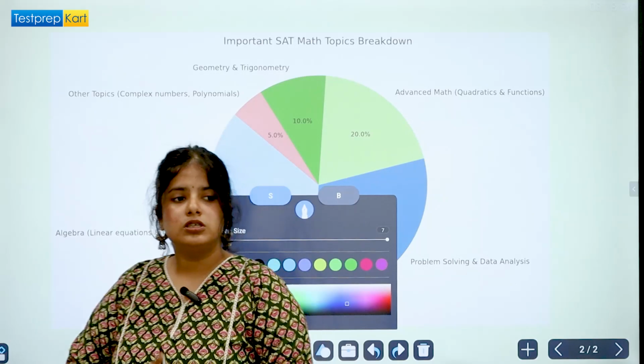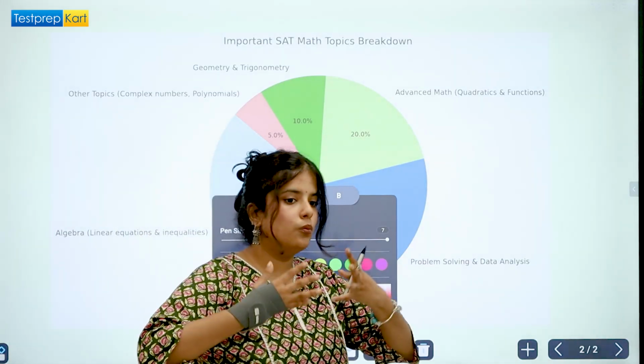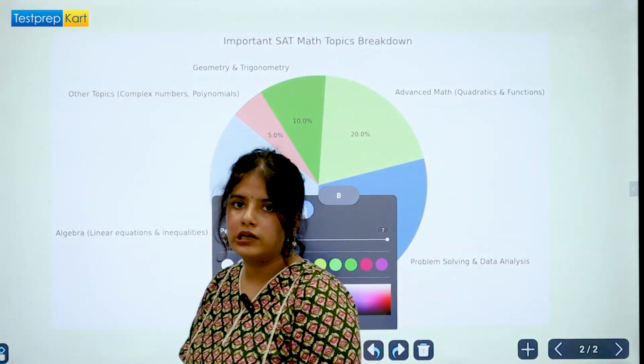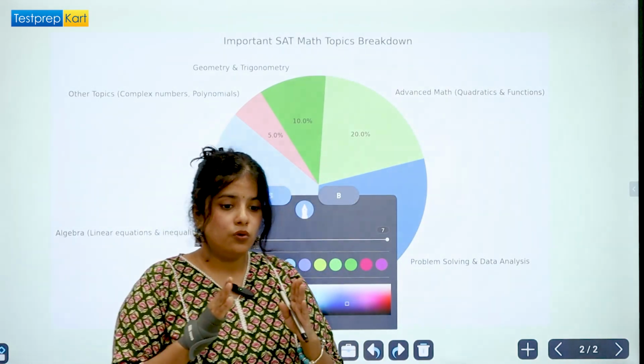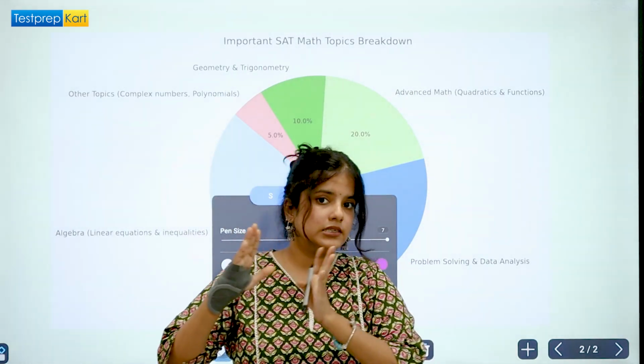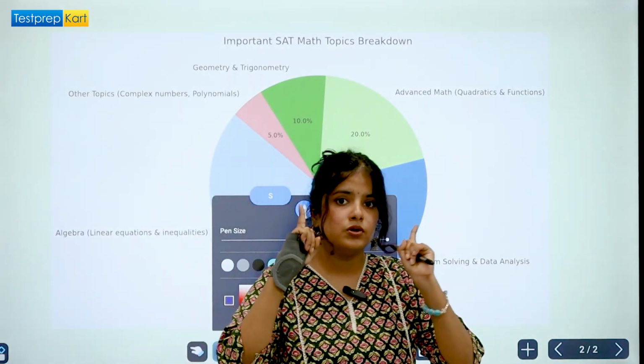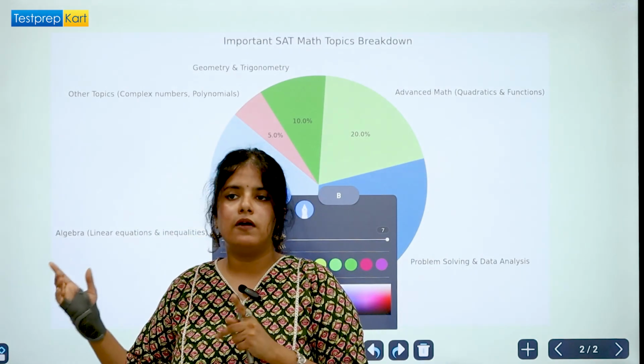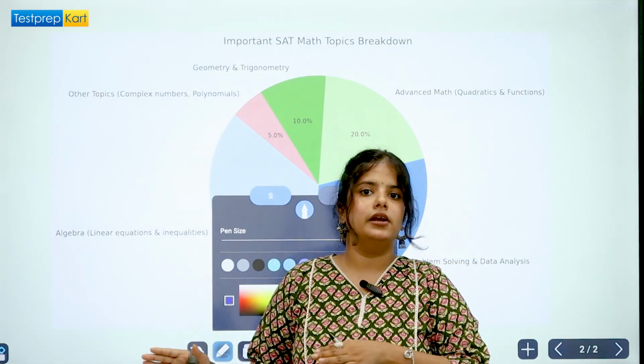So firstly self-assess and see where I stand. What does my preparation look like? When you give that self-assessment, you should give it like you are giving the SAT exam. You should put a timer of 2 hours 40 minutes and then give the paper, and you should imagine you're giving the SAT and be serious about it, because that will help you to know where you stand and what areas you have to work on in these 30 days.